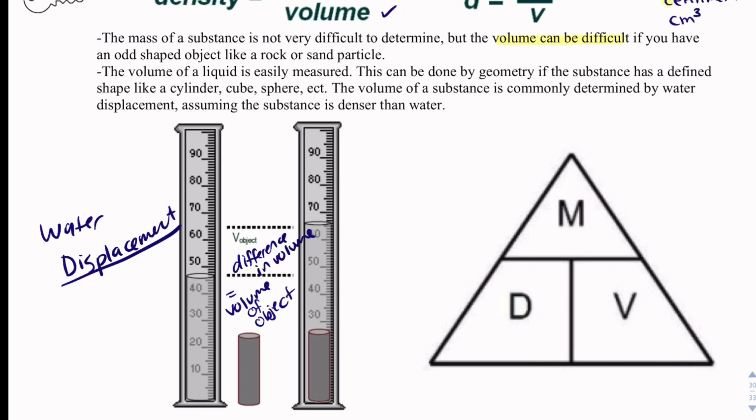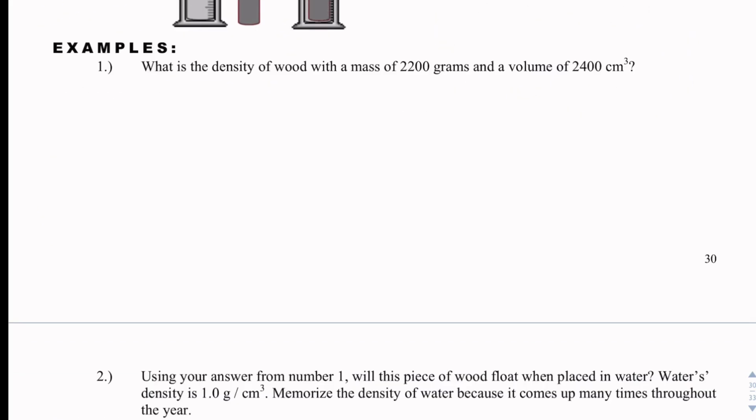So let's practice some math here with how to solve density. Now, as we work through these, I'm not going to necessarily do all the examples in your notes because the key to this is posted online, but I want to do the ones that I think are weird or that are great examples to get you started with density.